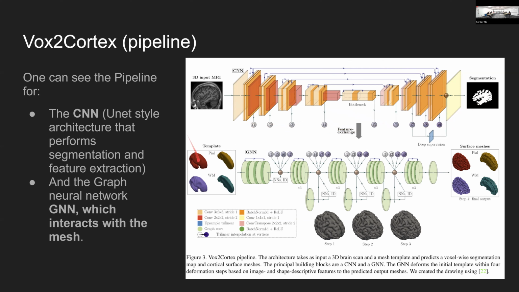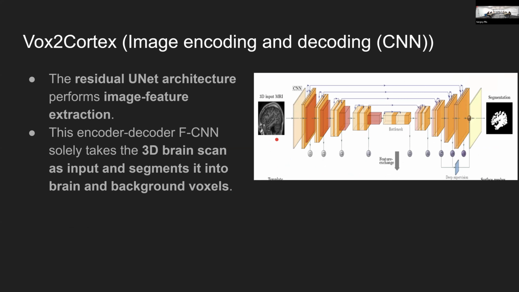The bottom half incorporates more information about where the current mesh is from the previous step, and takes these features and uses them to tell where all the vertices need to deform. To reiterate in a little more detail, they say a residual UNet architecture performs image feature extraction. This encoder decoder FCNN solely takes the 3D brain scan as input and segments it into brain and background voxels.